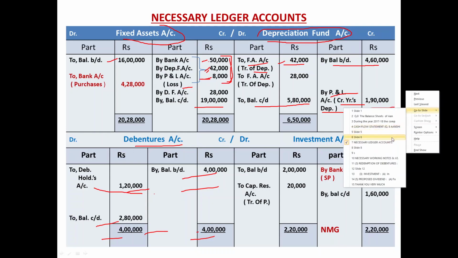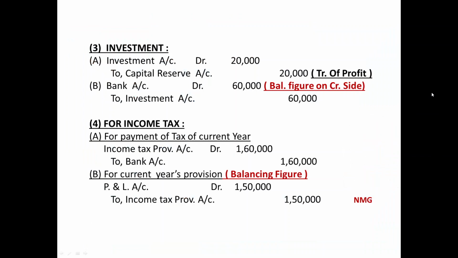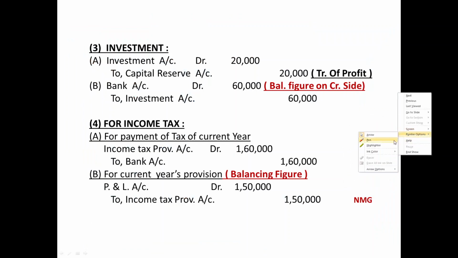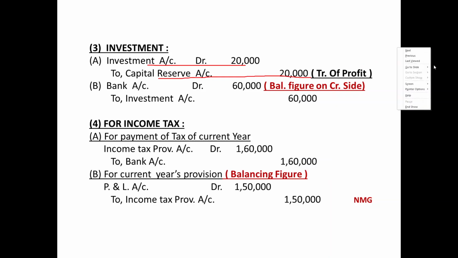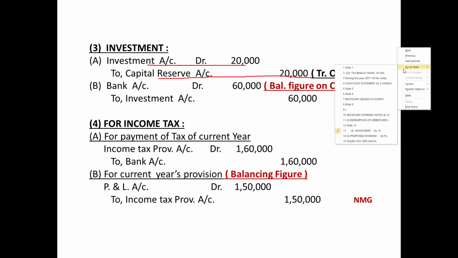Let us prepare a small working note for investment. The transfer of profit, as we saw in the balance sheet, 20,000 profit was transferred to capital reserve account. So investment account debited 20,000 to capital reserve account credited 20,000. This instruction was very clear that profit was transferred to capital reserve account.